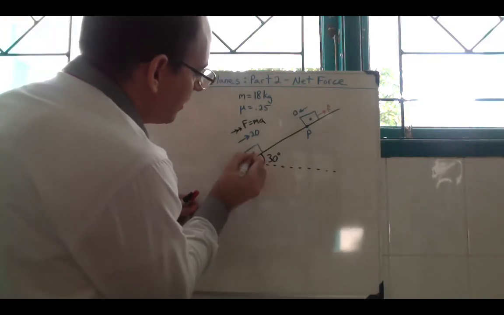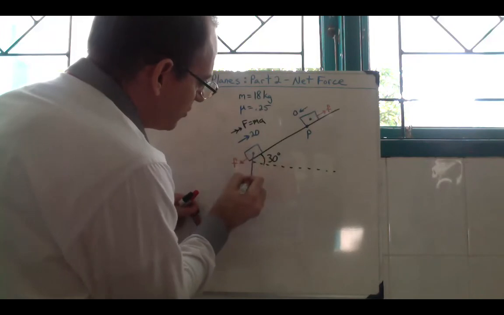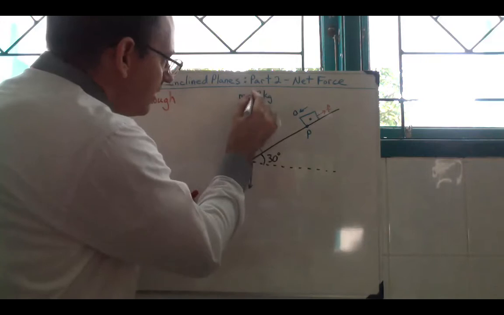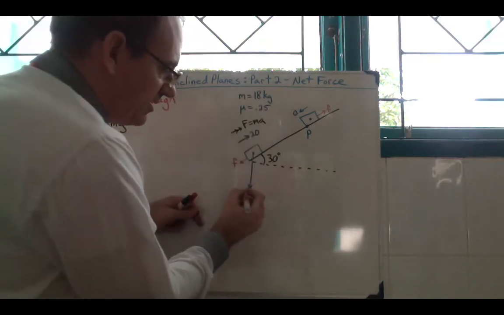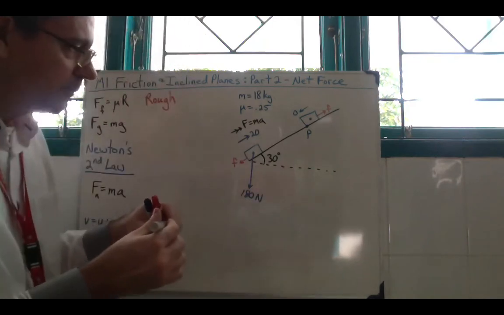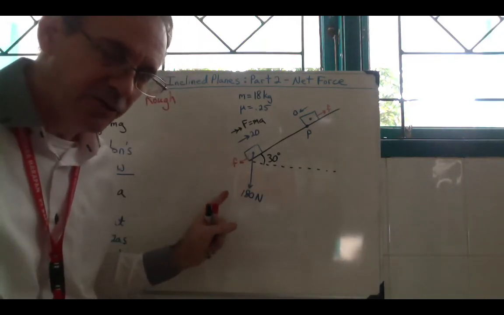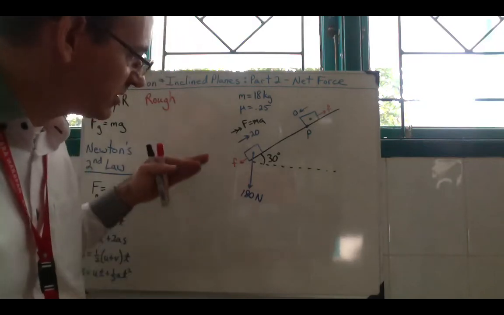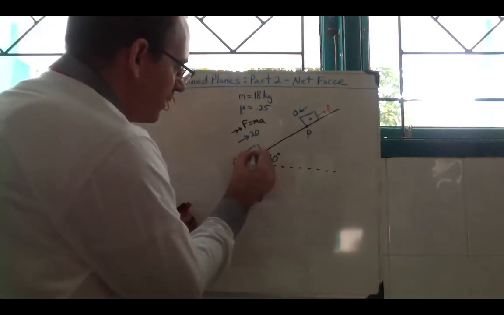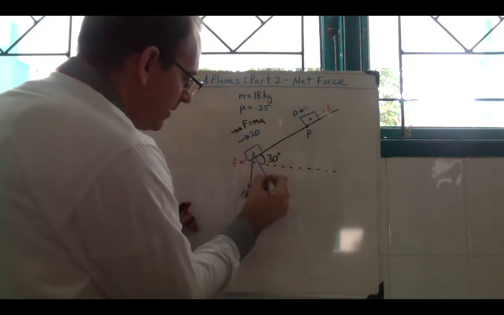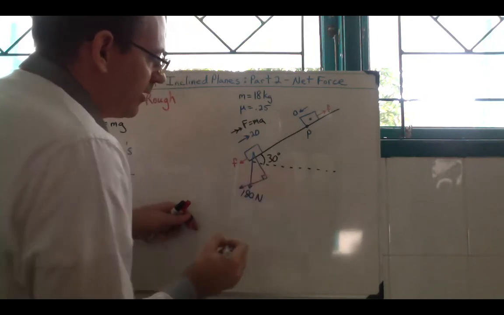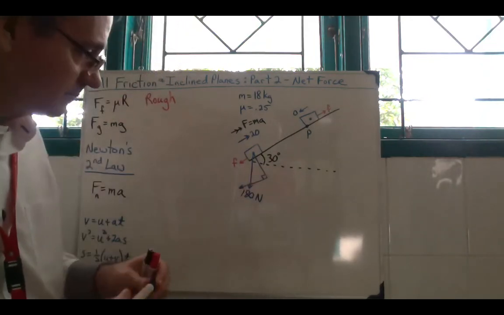So here our gravity is going to pull straight down, and this is mass 18 times gravity 10, so this is 180 newtons, but this is not perpendicular to our plane. We want all of our forces parallel and perpendicular to the plane. So we're going to take this one and make it perpendicular, and also make one parallel to the plane.